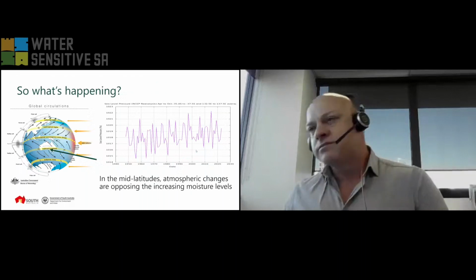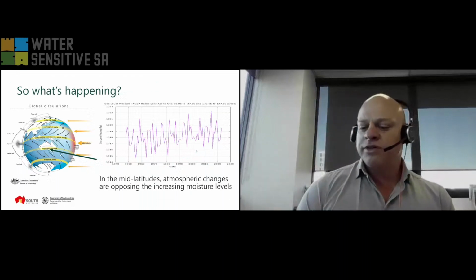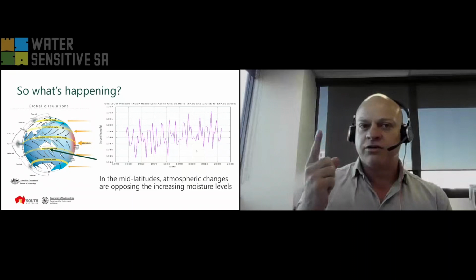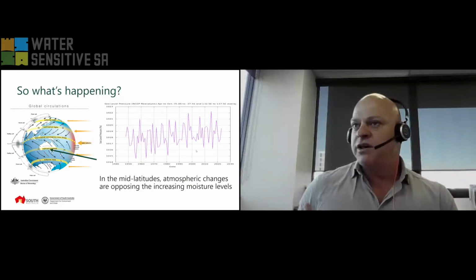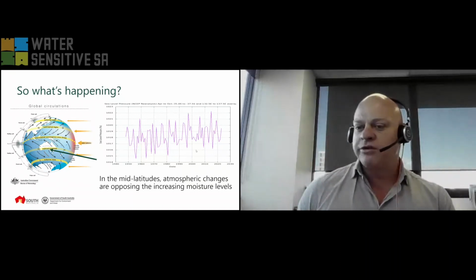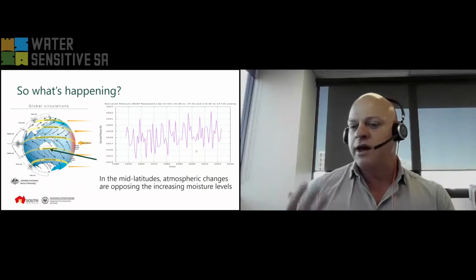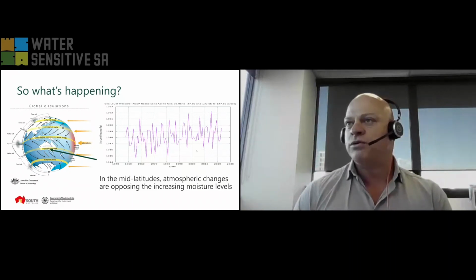So what's happening? Well, as I mentioned, there are two things. Increasing moisture, so you're looking for moisture, but you're also looking for the atmosphere to rise up, or that moisture to be rising up to form rain.